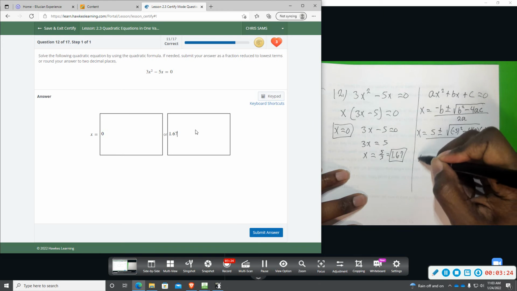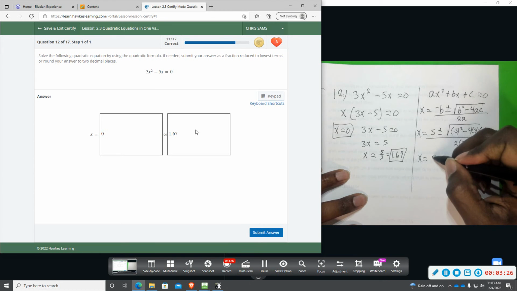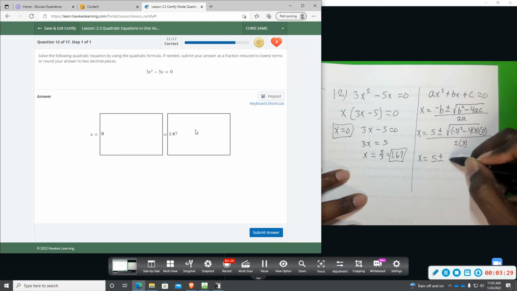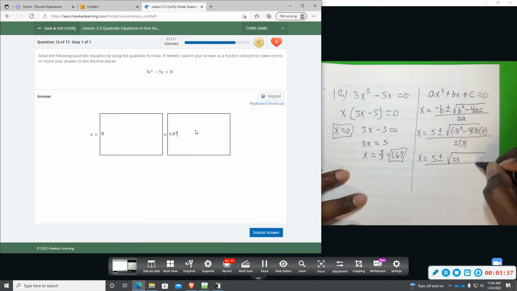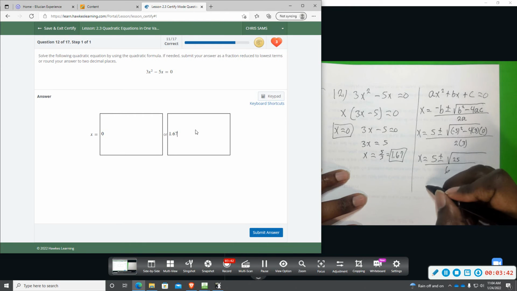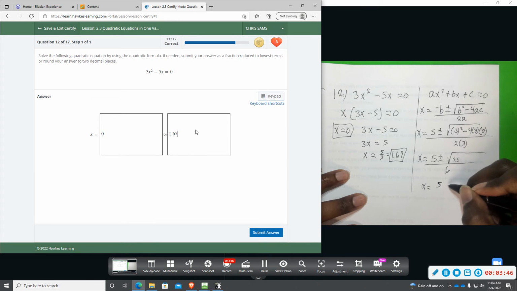So we have x equals 5 plus or minus the square root of 25. When you multiply all this together times 0, it's just 0. So 25 minus 0 is 25, all divided by 6. Then x equals 5 plus or minus the square root of 25, which is 5, all divided by 6.